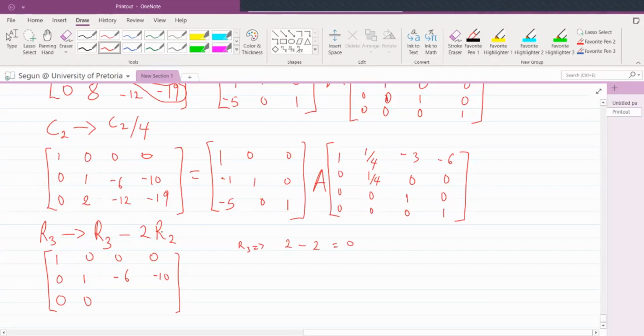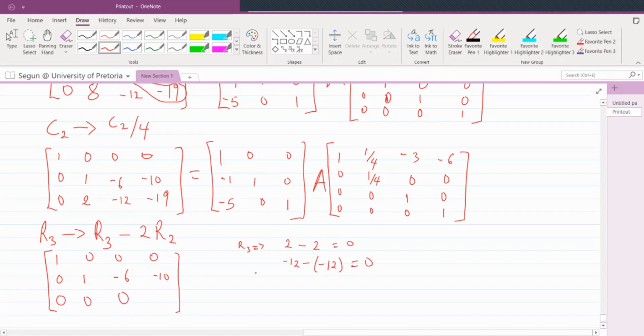Remember, this one said 2 row 2, that is 2 multiplied by row 2. Then the next one is minus 12 multiplied by minus 12 again, because 6 multiplied by 2 is 12 with negative, minus times minus is plus.